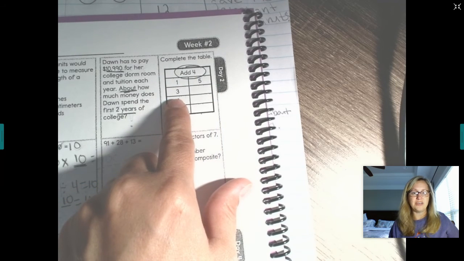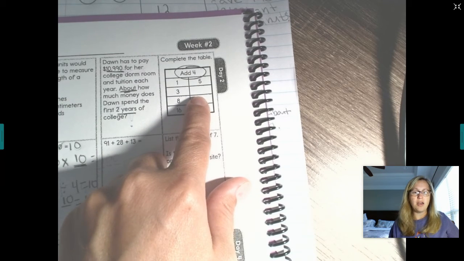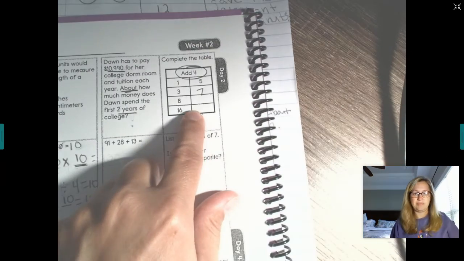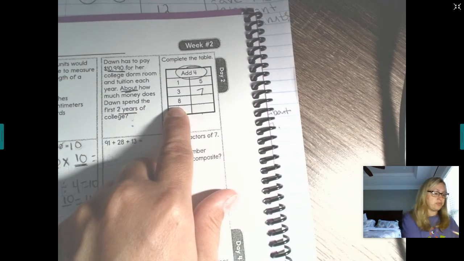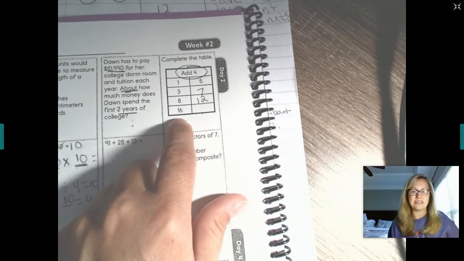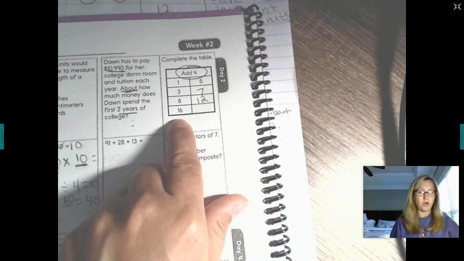Down here, if I start with the number 3 and I add 4, 3 plus 4 gives me 7. Then I'm going to go to 8, and I'm going to do the same thing. 8 plus 4 gives me 12. And last but not least, 16. 16 plus 4 gives me 20.